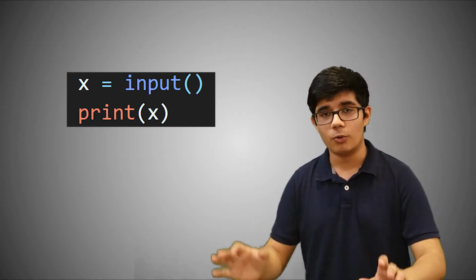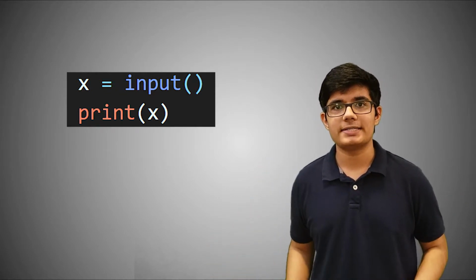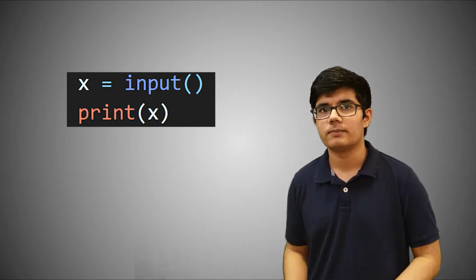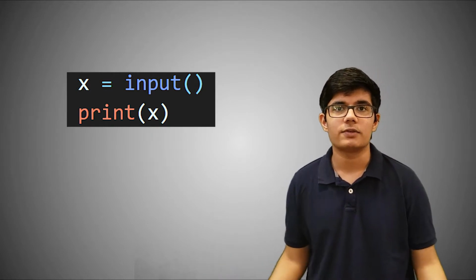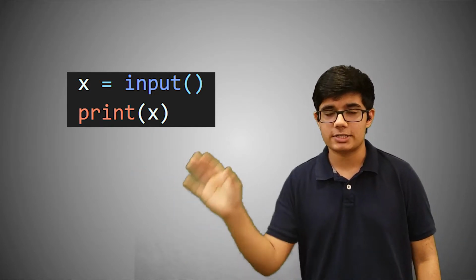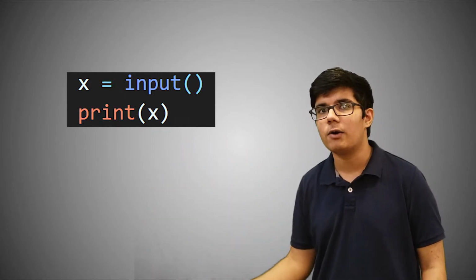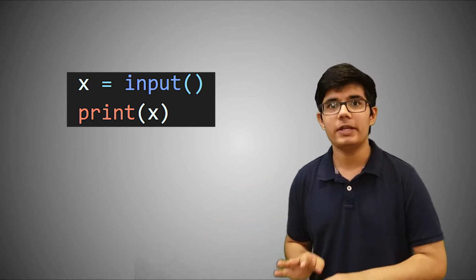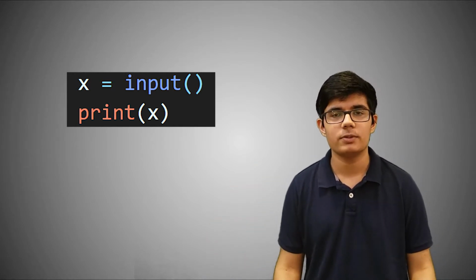Thus, it is able to remember what that input is and then remember where it is located and then print it back out. So, the next line of code just prints out x, meaning that the input is stored in x and then printed back out using x. That's why variables are so powerful. The variable x is able to remember the input so that it can print it out. Thus, variables are just a really powerful tool for programmers to use.